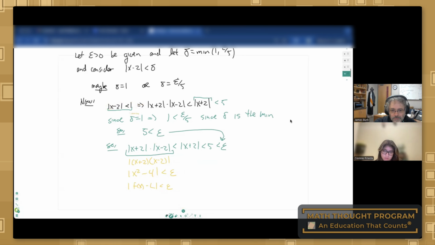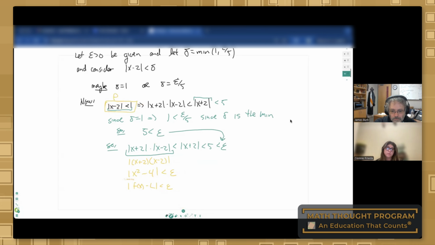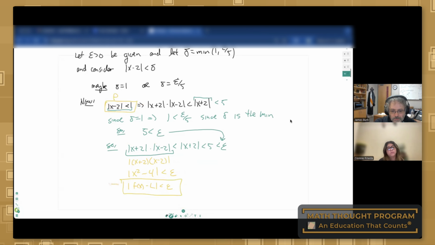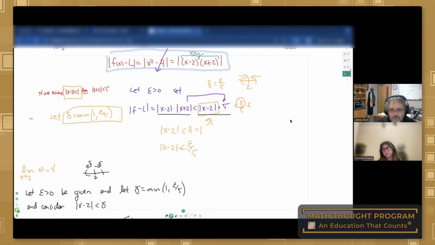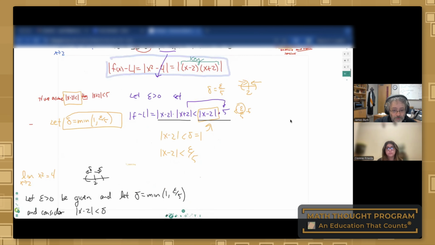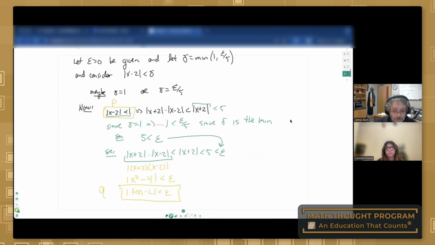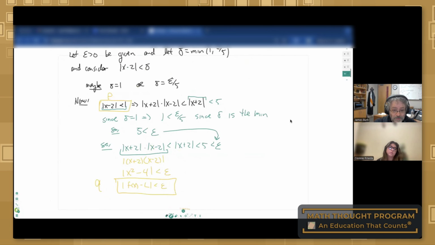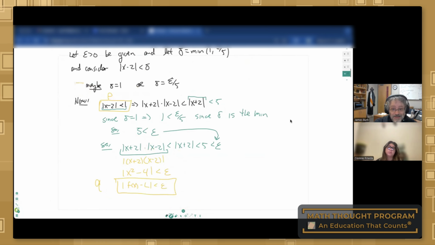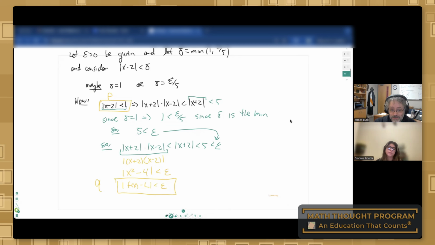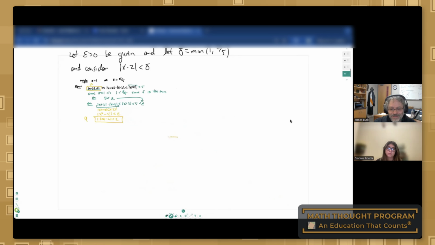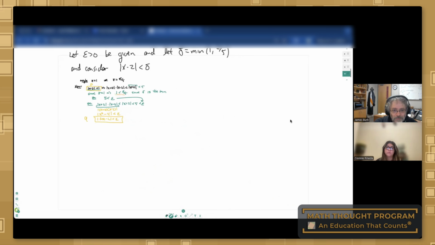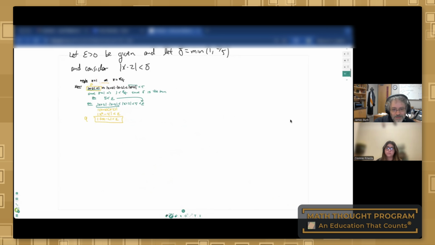Here's P again. There's Q. We proved P and Q to be true. We proved part of it because we were using a minimum value, so we have to look at cases. So what we just showed is the limit definition does hold. We do get a true value when delta is equal to 1.